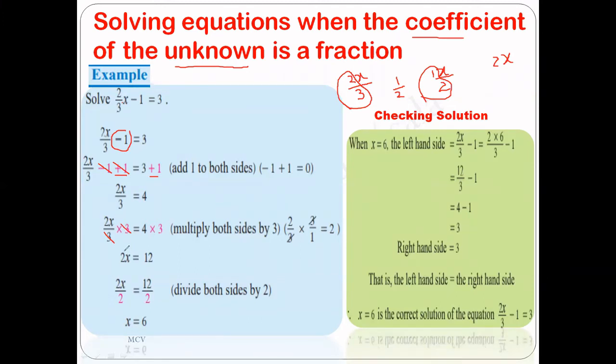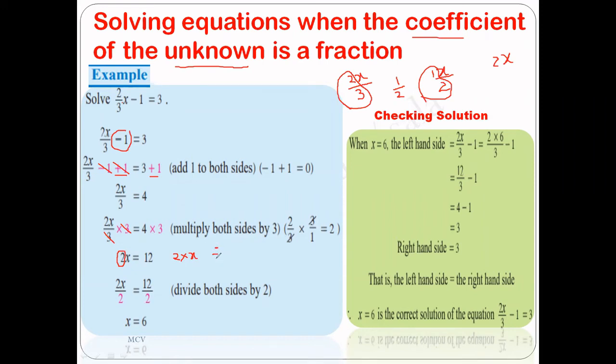Now how to remove this 2? 2x means 2 multiplied by x. So what is the inverse operation of multiplication? Inverse operation of multiplication is division.